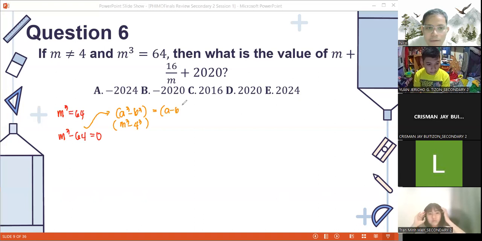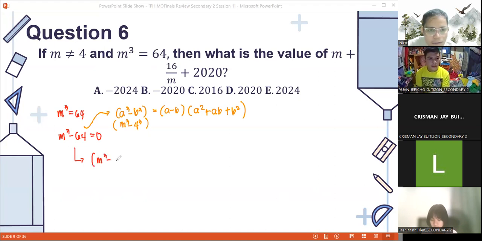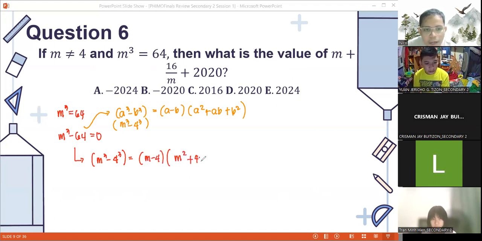It's a minus b, a squared plus ab plus b squared, right? So following that, we'll now have m cubed minus 4 cubed, that is m minus 4, then m squared plus 4m plus 16 is equal to 0, right?